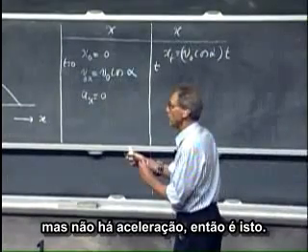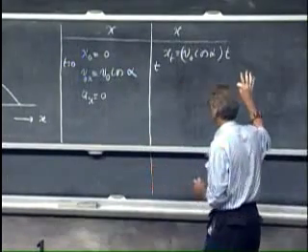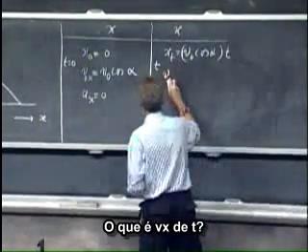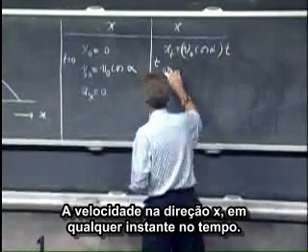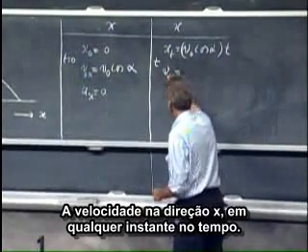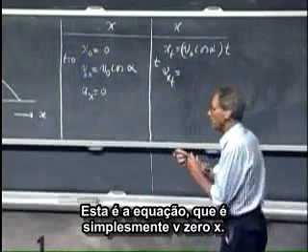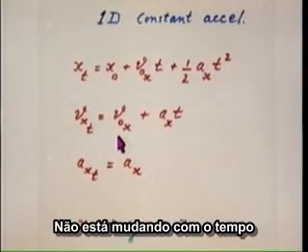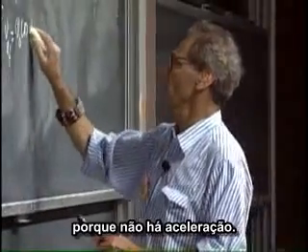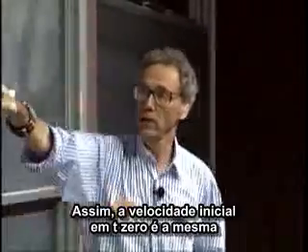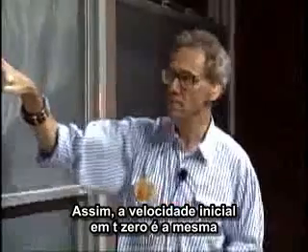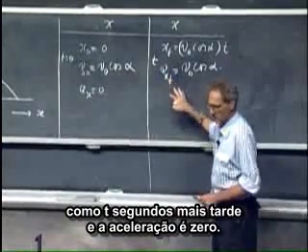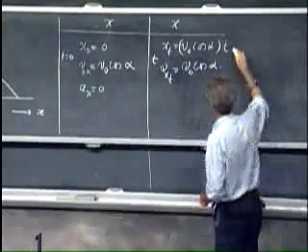But there is no acceleration, so that's it. What is vx of t? The velocity in the x direction at any moment in time. That is simply v0x. It is not changing in time because there is no acceleration. So the initial velocity at t0 is the same as t seconds later. And the acceleration is 0.